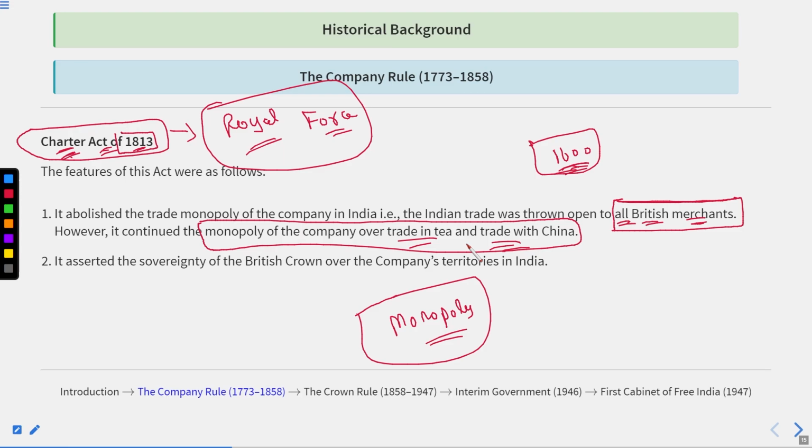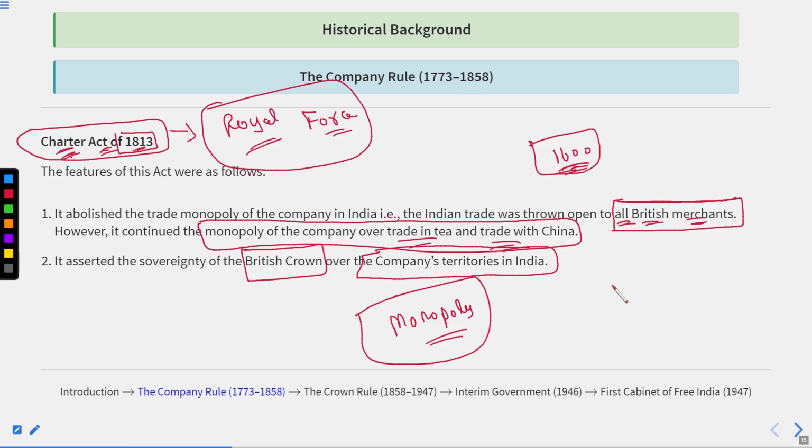Thereafter, it asserted the sovereignty of the British Crown over the company's territory in India. Okay, the British Crown would now be the supervisor of the company's territory and activities in India.